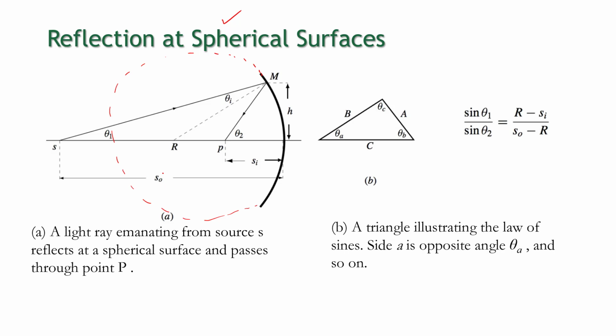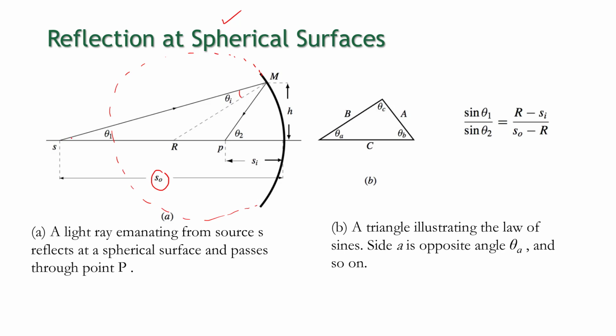Here S naught is the object distance between the object and the center of the mirror, and it goes through P. So the image of this source or object is formed at P. SI is the distance between the image and the center of the mirror, so it's called the image distance, and theta I is the angle of incidence.